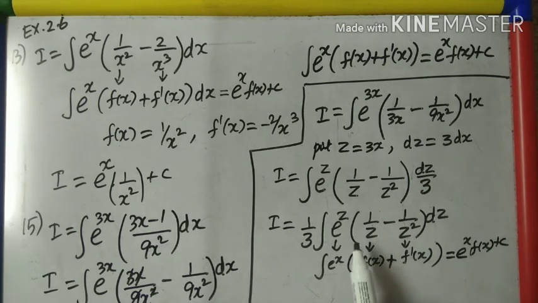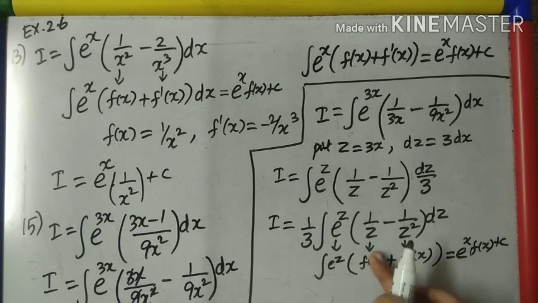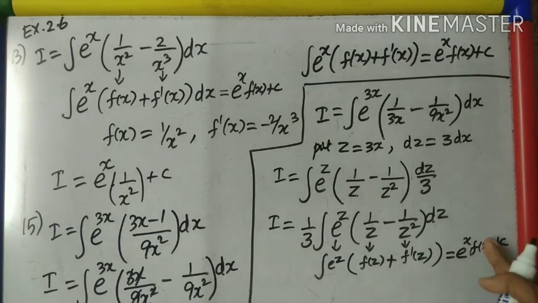Now I can apply this, but instead of x, throughout what is coming? Z. So wherever x comes, let me write z. So this is z, this is also z and this is also z. So same formula what I did for x, but here instead of x I have z.